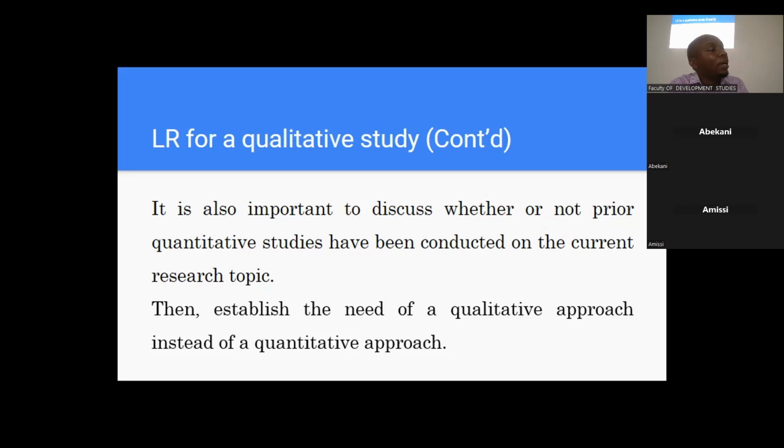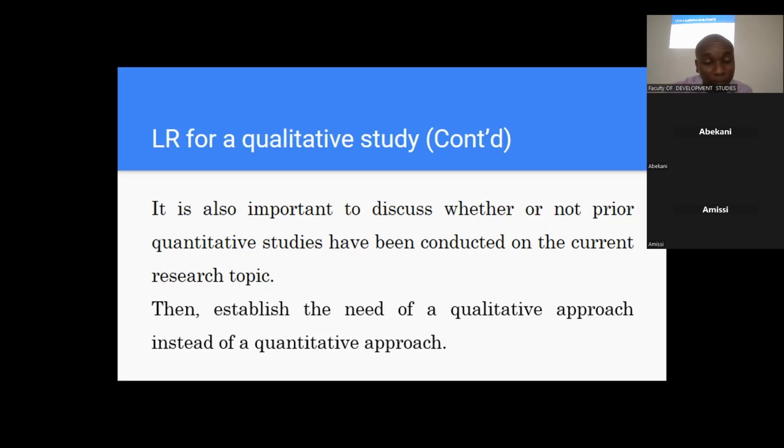Maybe saying, but in this research, we want to know if all those students think about the Munyarwanda in the same way. You see, you use the quantitative finding, but you show that there is a need for a qualitative study on the same topic. So it's possible. Okay? Is it clear?